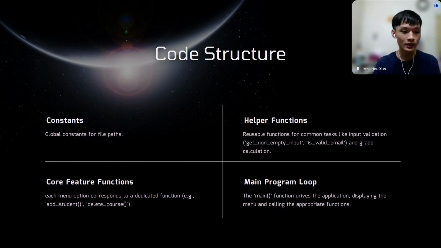Next is the core feature functions, which are add student, add course, delete course, and so on. And lastly, the main program loop, which is the heart of the application, which displays the menu and the functions which the user can input.